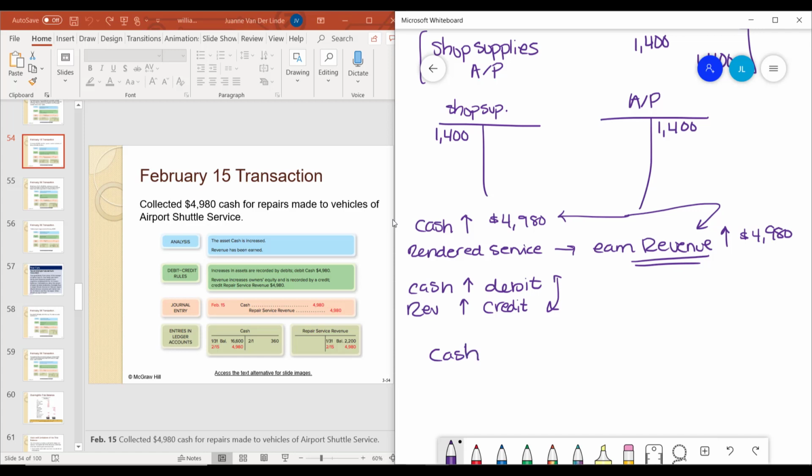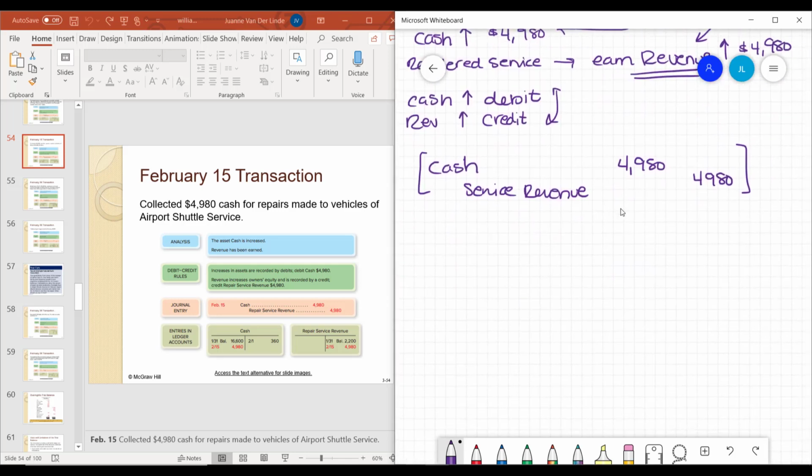Debit cash, $4,980. And then we'll say service revenue. We'll credit service revenue by indenting and putting the $4,980 credit on the right-hand side to show that it's being credited. And now we can post that to our T accounts.